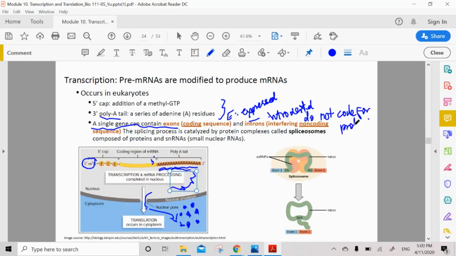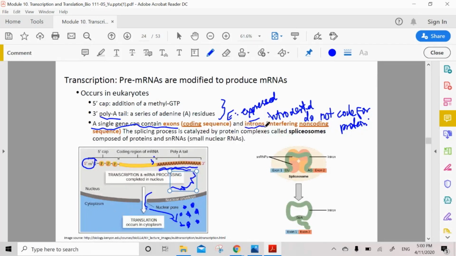Now you're going to ask, isn't that the purpose for having genes? Because they code for proteins and that's the functional product. Why do we have a non-coding sequence in our genes? I'm going to explain that in the next slide. But first, we need to go through this splicing process.